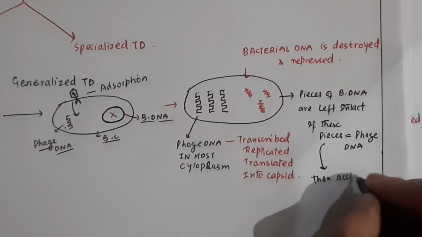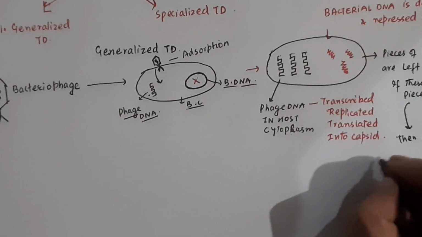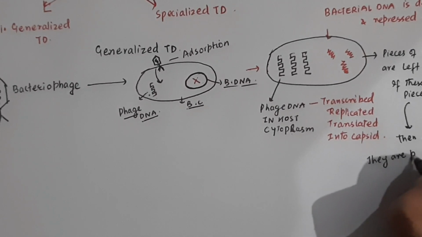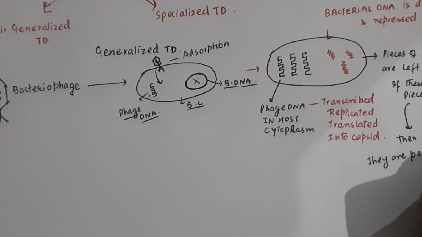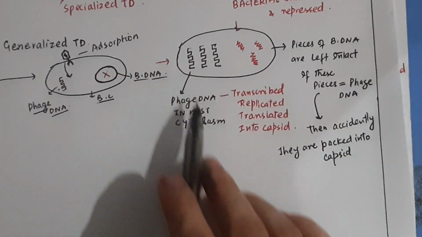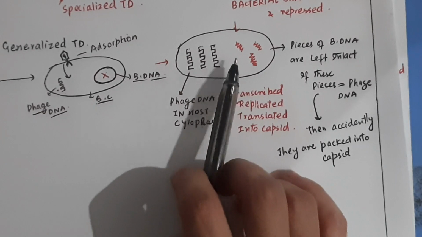Accidentally, they are packed. This bacterial DNA is packed into a capsid. Sometimes it happens. Normally just phage DNA gets released and the bacterial DNA gets repressed.